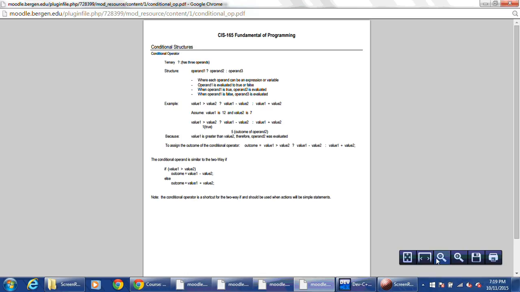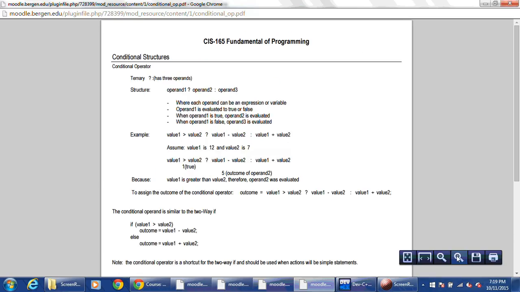This goes into more of the ternary operator, and I give you a couple of examples. If value 1 is greater than value 2, question mark, subtract. Otherwise, add. Assume that value 1 is 12 and value 2 is 7. We try to evaluate this, and I show you how you break it down with the if-else.